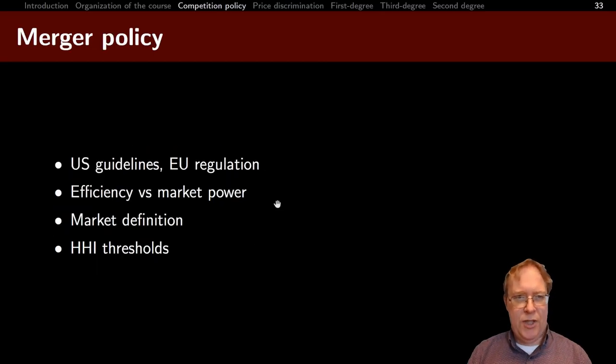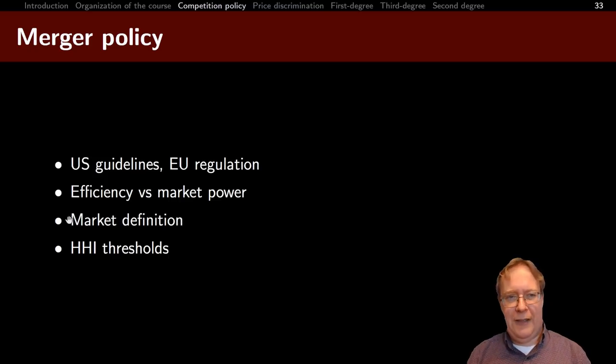So merger policy, what often happens. If you want to merge and you are big enough, you have to notify the competition authority. They will look at the market definition. So what is the relevant market? And do you get a big part of that relevant market?